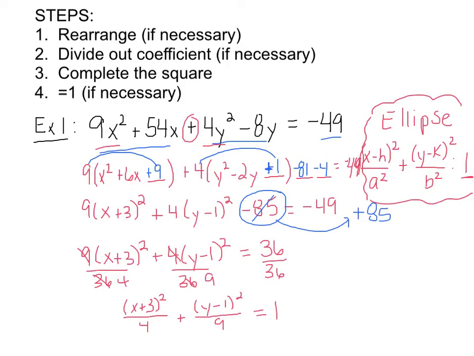And now that looks like our standard form for an ellipse, and so that is our final answer. So then if I wanted you to graph it, which I'm not going to ask you to do right now because these problems take a long time, then you could graph it.